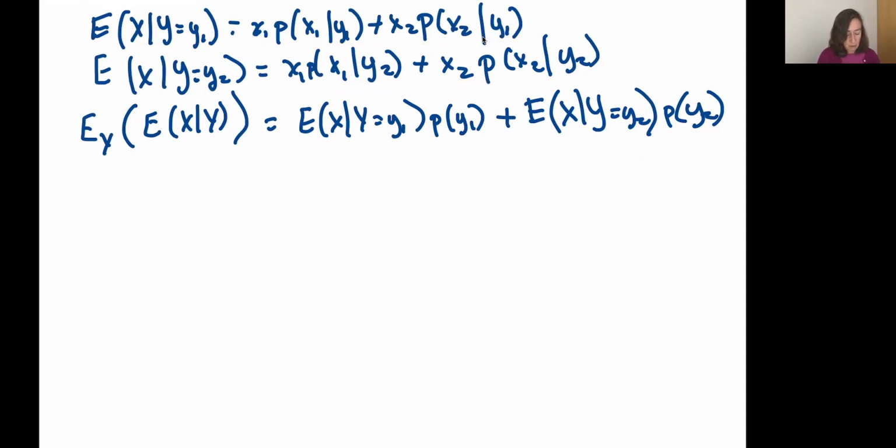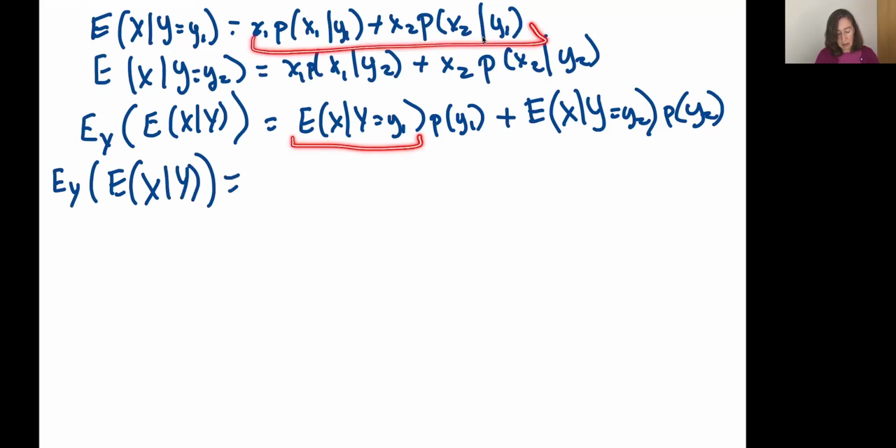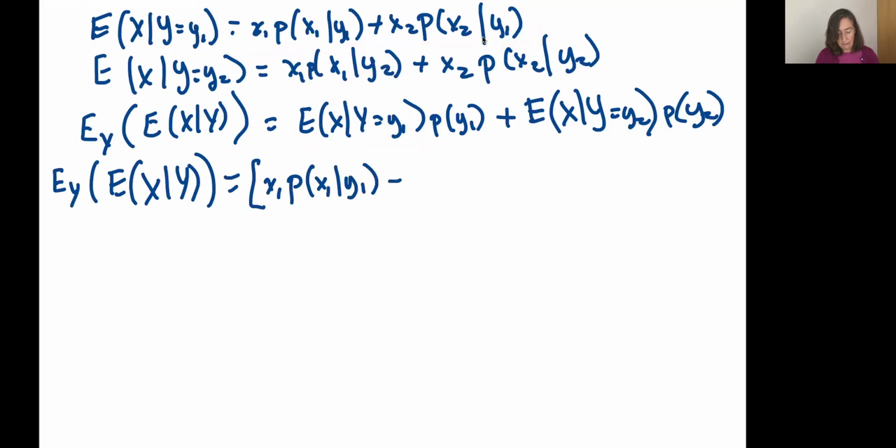So this expectation over y of the expectation of x conditional on y is, let me substitute this in for that, x1 times the probability of x1 conditional on y1 plus x2 times the probability of x2 also conditional on y1, and that whole thing is multiplied by the probability that we're in the y1 world.